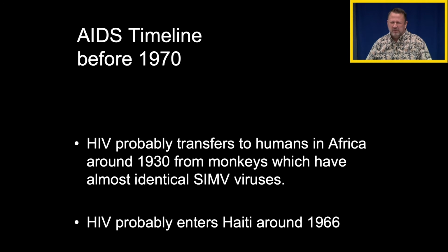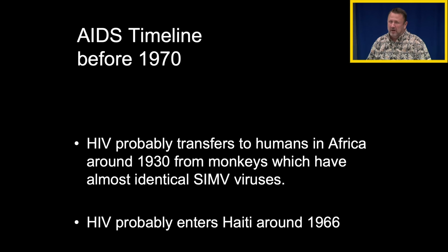And so we think that there are tribes in Africa that hunt monkeys and eat them, and that's how we think the HIV came to humans: a monkey immune deficiency virus probably moved to a human and then drifted into the form of HIV we have now.